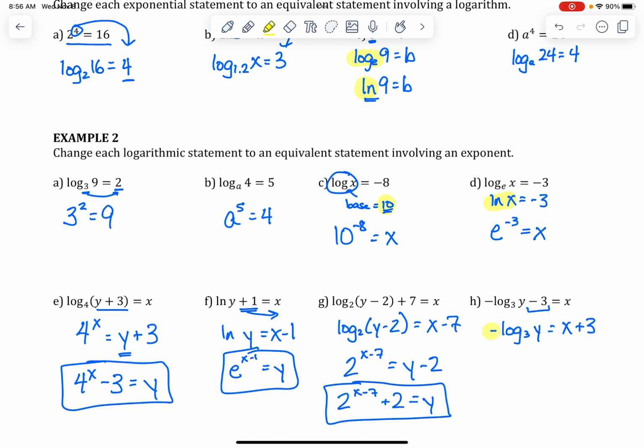And then if you divide by a negative 1, you have log base 3 of y equals negative x plus 3. So you can kind of write it like that. You can distribute the negative if you like, but then it's log base 3. There's your exponent on the right, and that equals y, okay? So whether you distribute the negative or not, it's up to you, but that's sort of the idea.